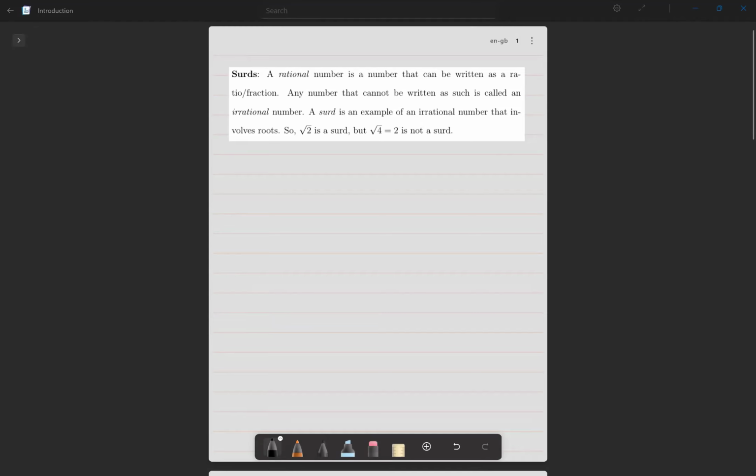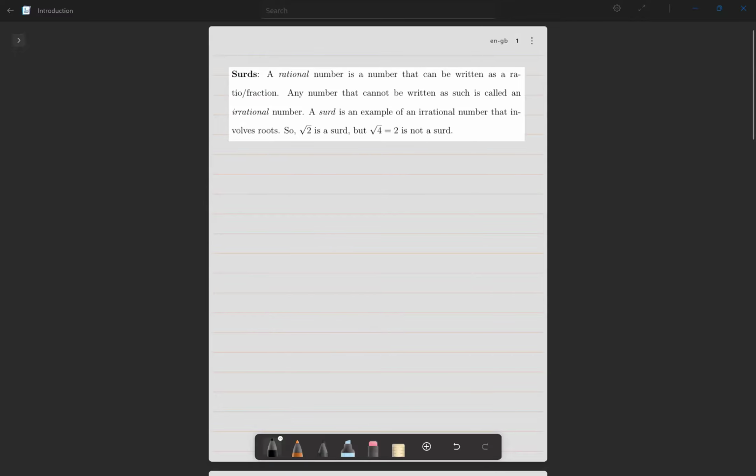Now before learning what surds are, we have to learn about what rational and irrational numbers are. A rational number is any number that can be written as a ratio or fraction.